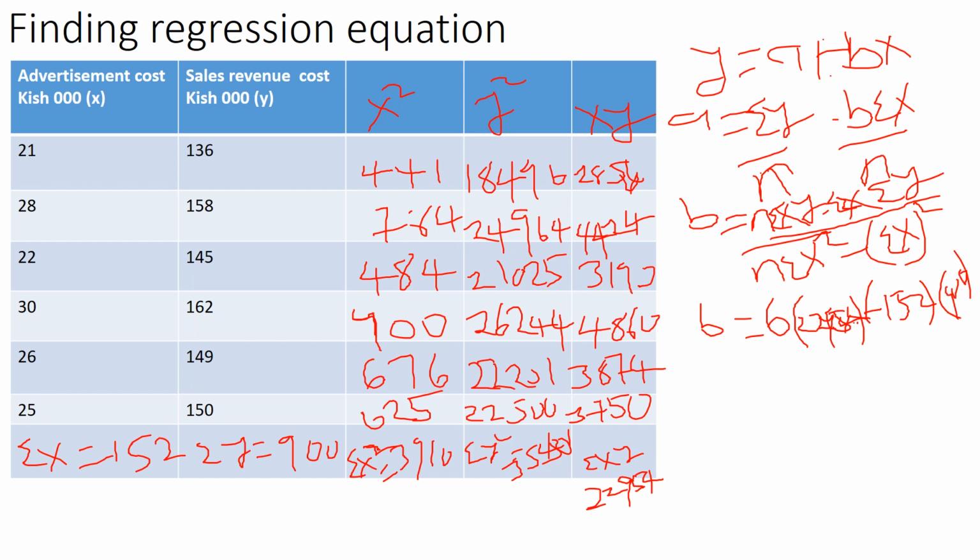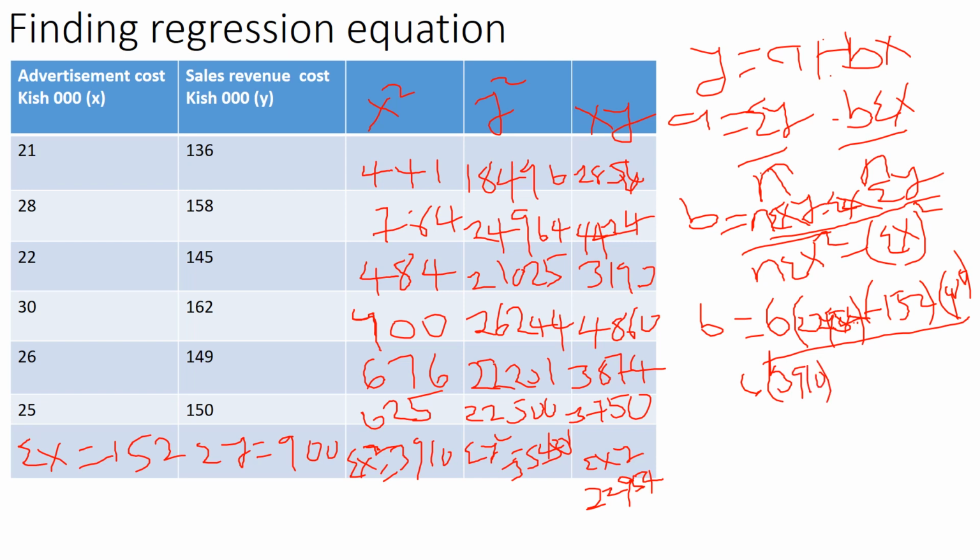All these we divide by n, which is 6, multiplied by the summation of x squared, which was 3910.